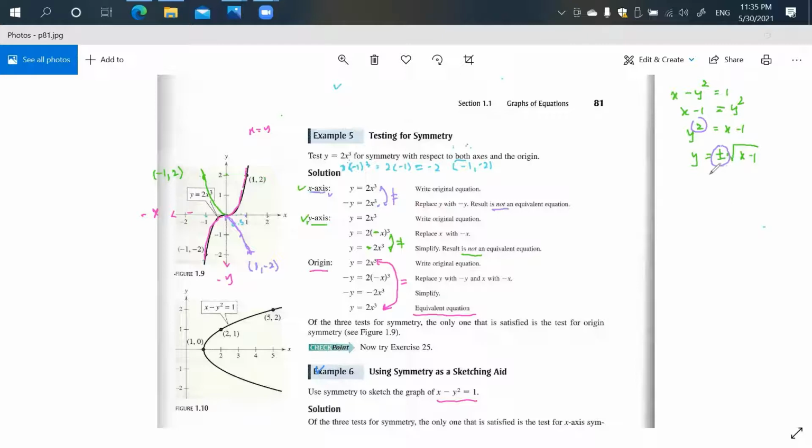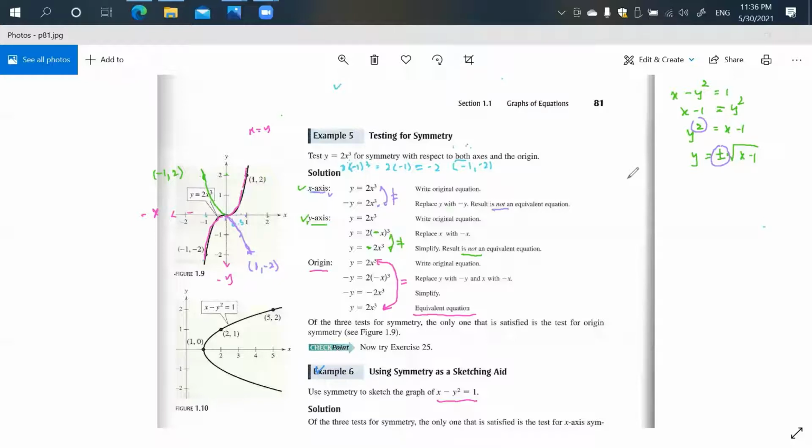So in this case, you're going to have what? You're going to have two equations.